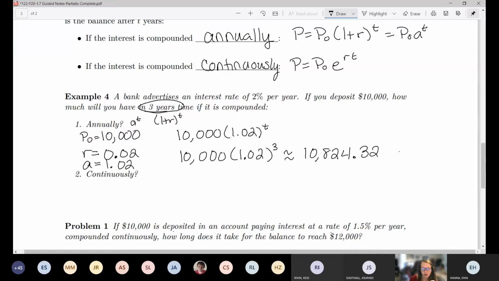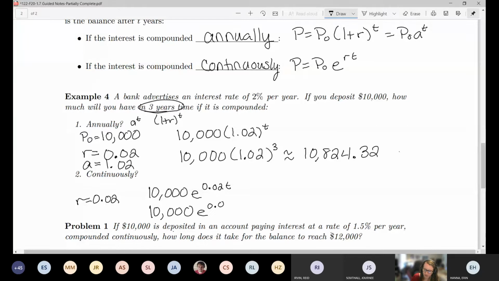Whereas as opposed to compounding continuously, now we are in the E to the KT case. Well, it's presented as E to the RT when it's in terms of interest, but it's the same idea. So our R here is once again 0.02 and our P0 is still 10,000. So we have 10,000 E to the 0.02 T. Again, in the E to the KT form, we don't manipulate the rate at all.